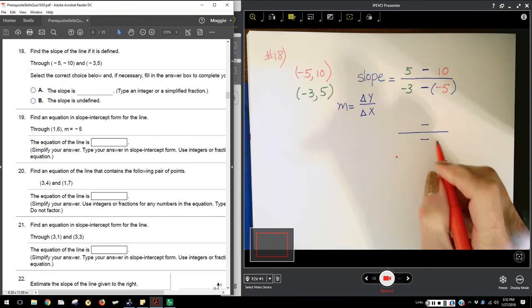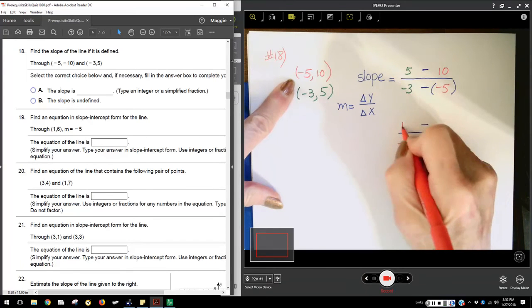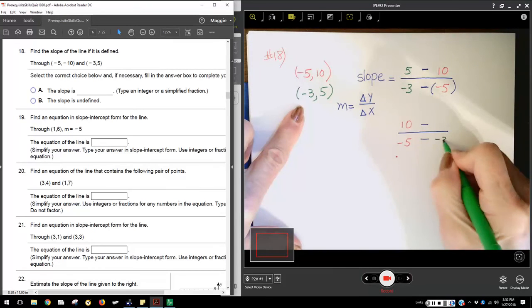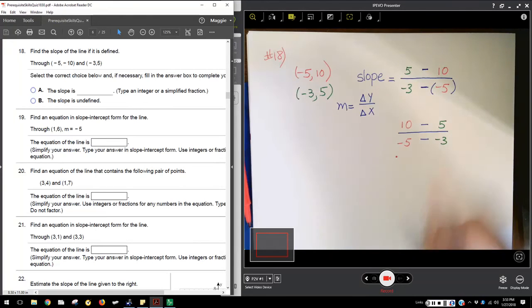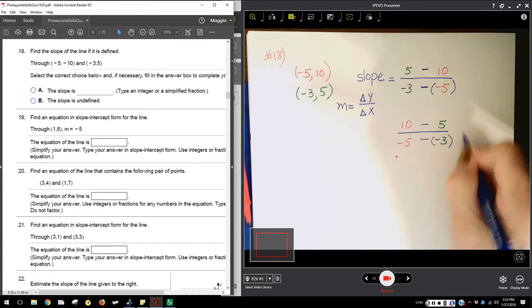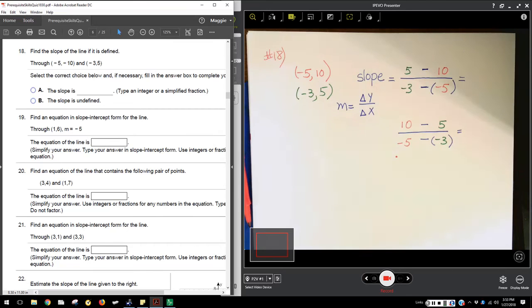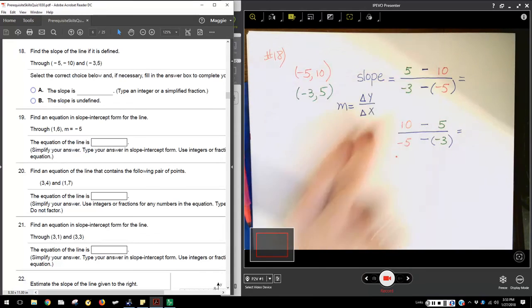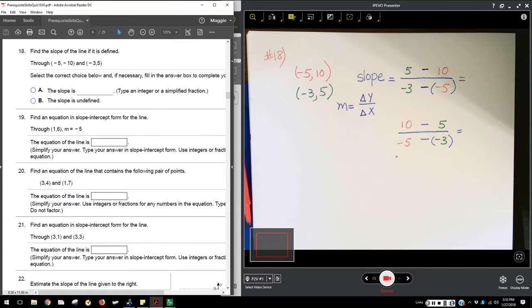I can start with -5 and 10. And I can end with -3 and 5. And again, I'm going to put subtracting negatives in parentheses. And what I'm telling you here is as long as you keep the coordinates of your points together, it doesn't matter who gets to be first and who gets to be last.